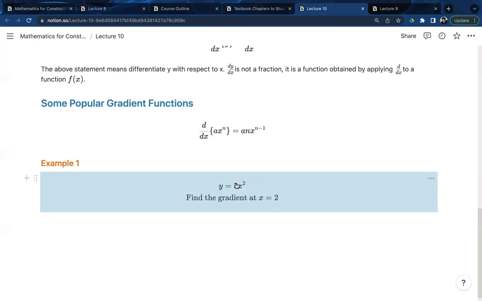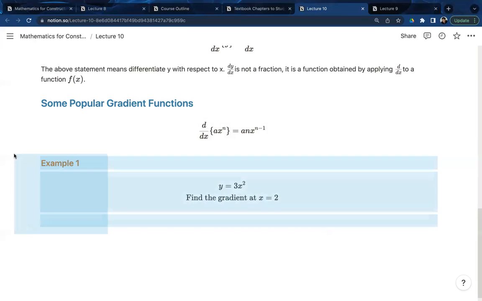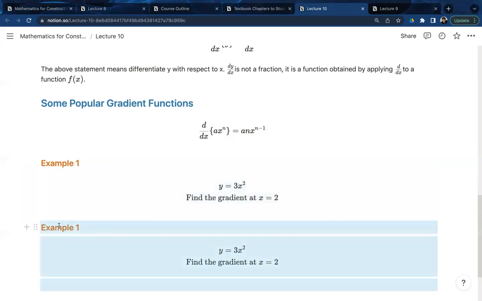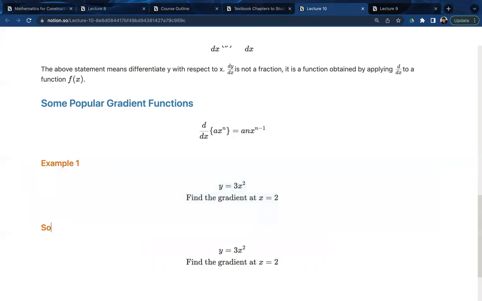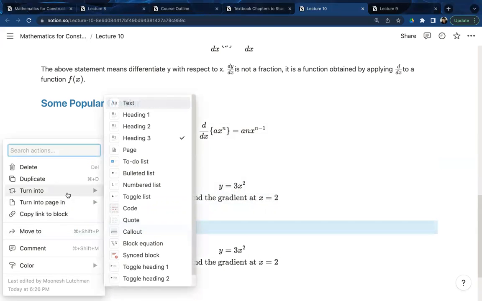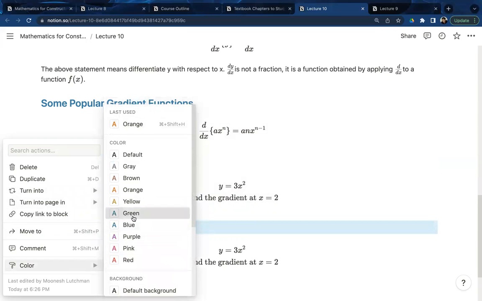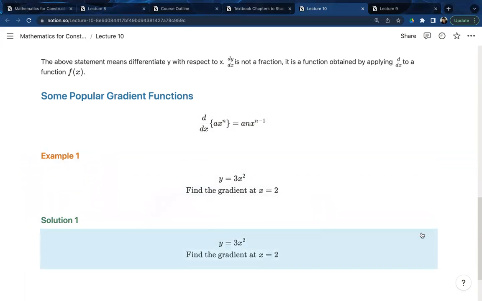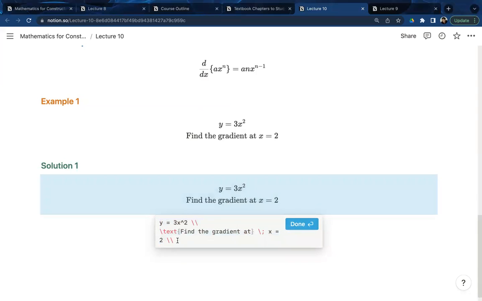But the idea behind differential calculus is that we don't need to guess. We just find the gradient function using this rule up here. So if y is that, let's find the gradient function.